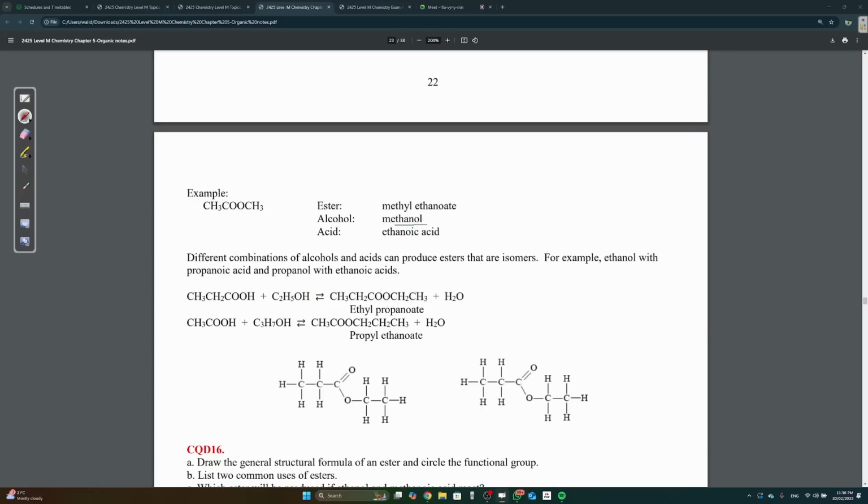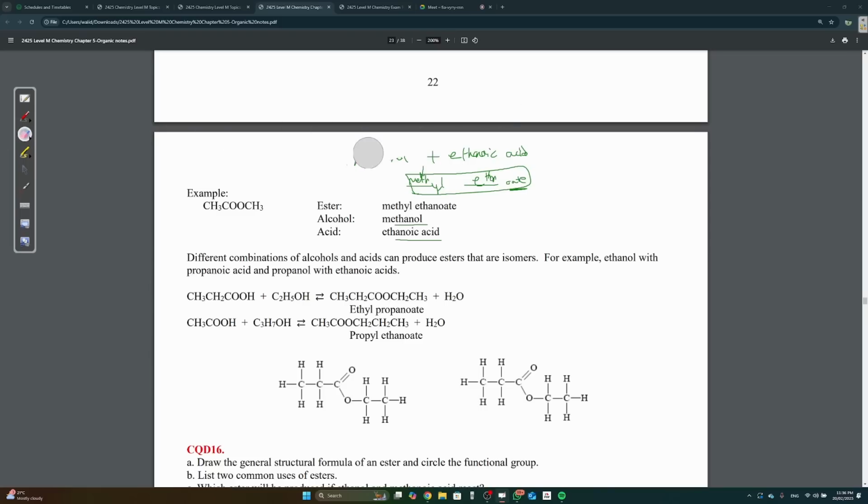If I reacted methanol plus ethanoic acid, and I ask you to name the ester that's formed, what do you do? It's something-yl, something-oate. This something always comes from the alcohol. What's the alcohol here? Meth, right? So you put meth. This one comes from the acid. What's the acid here? Ethan. Ethanoate. So you're going to get methyl ethanoate.